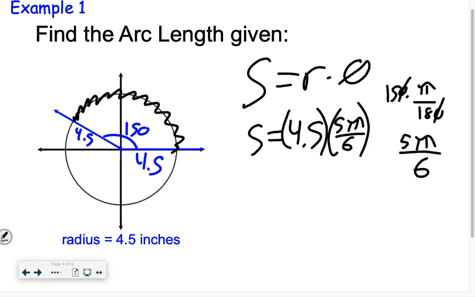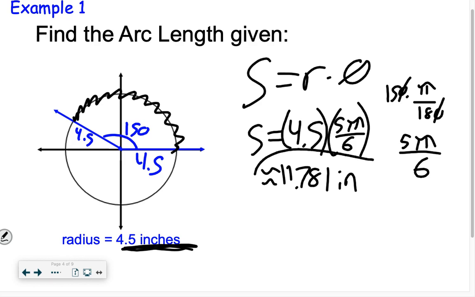So if we do that real quick, 4.5 times 5 times pi, all divided by 6, gets you about 11.781. Now we have to look at units. They do tell us that the radius was 4.5 inches, which means our units are going to be inches. And that would be your answer. Okay? So that's easy enough stuff. We don't need to worry about that too much.